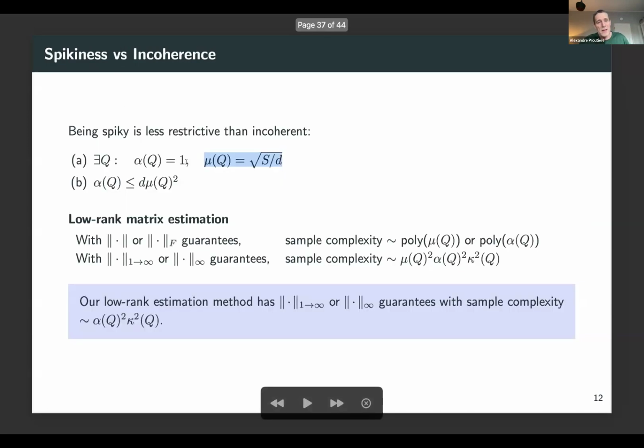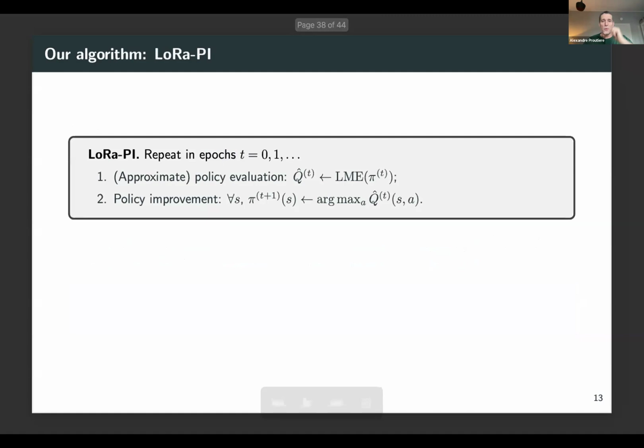Okay, so if you have a way to estimate the matrix Q pi, then you can do a reinforcement learning algorithm that would just iterate in a policy iteration manner. This is the algorithm that we call LoRa pi. You repeat policy evaluation and then policy improvement steps. This is the classical thing in reinforcement learning. You have your policy pi t at step t.